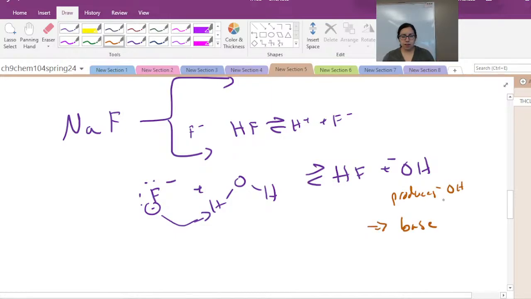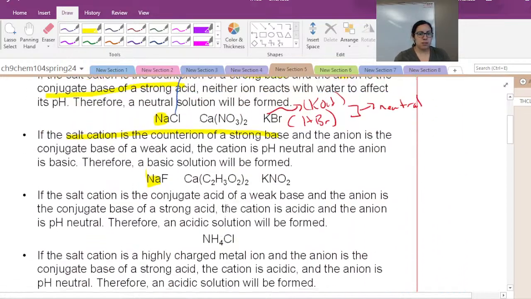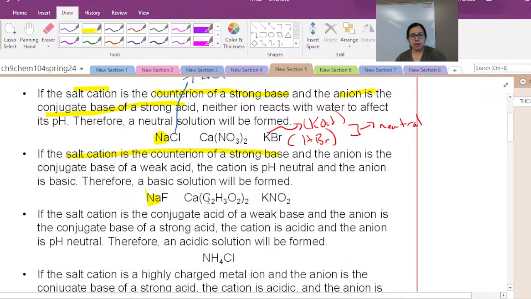This also goes with what I said: remember I said cations are usually acids, and anions, if they're anything, are going to be basic. That's what we're seeing here. Let's read through the words so that what we just went through matches. The salt cation was a counter ion of a strong base, so that makes it neutral. Our sodium is neutral, calcium's neutral by that, potassium is neutral.